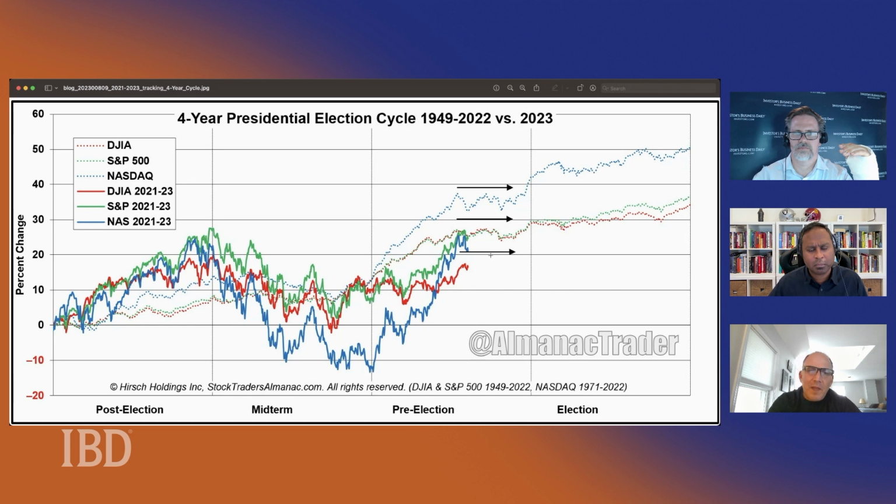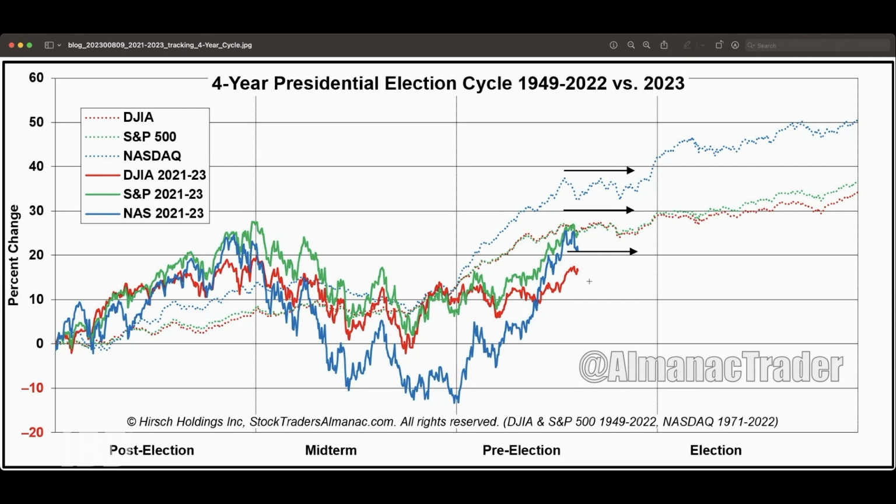I think the Dow's a little bit lagging that average, as you can see the red line sort of below, but the Dow caught up the last couple of months a bit, as there was some rotation into industrials and such.